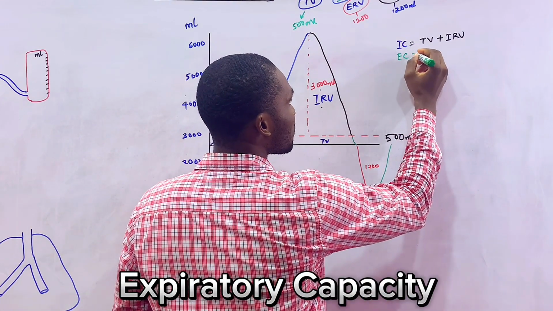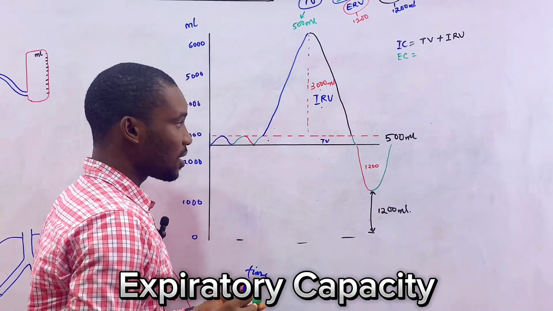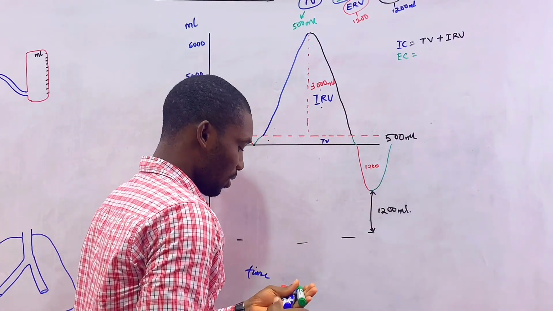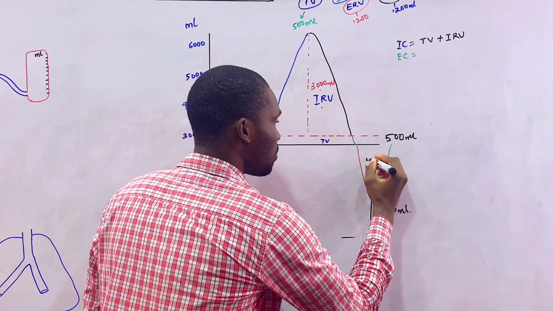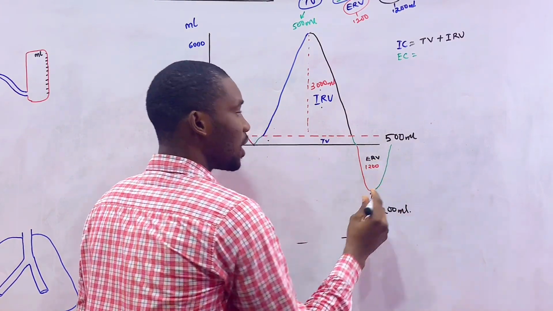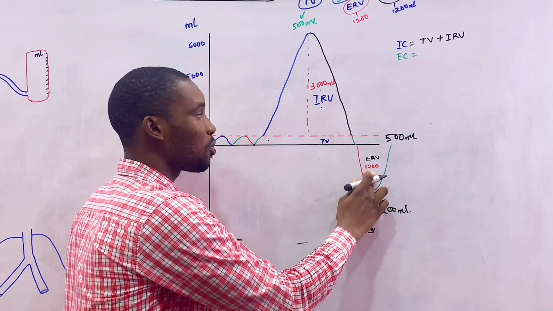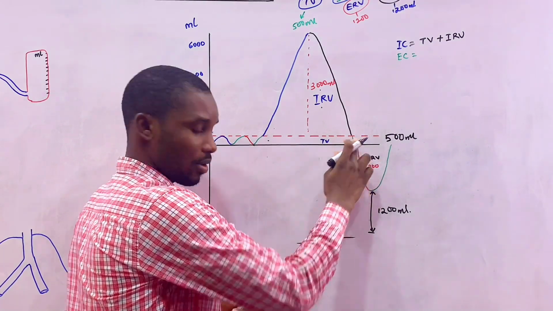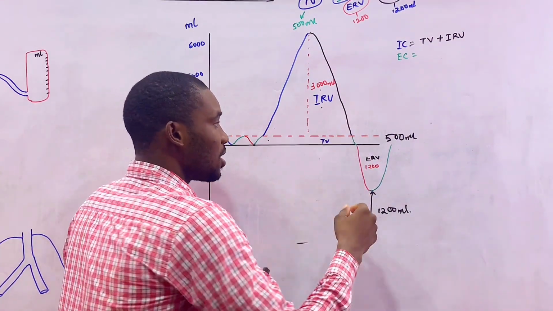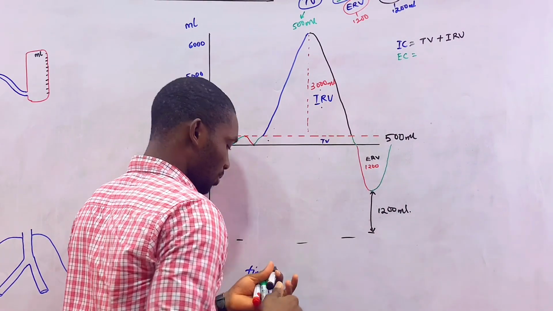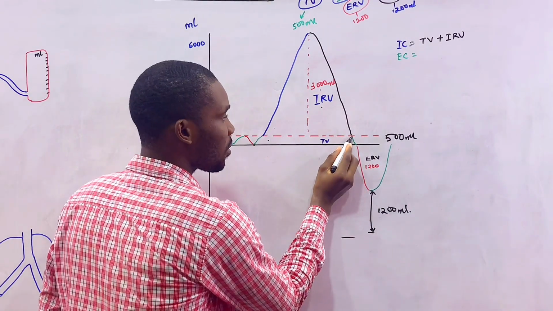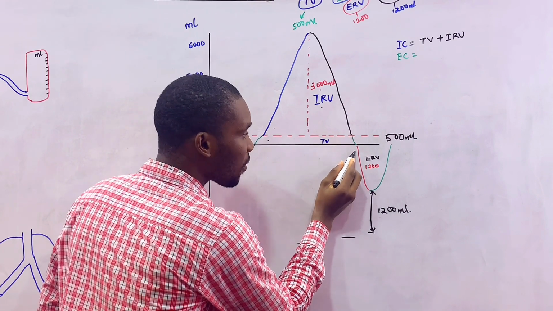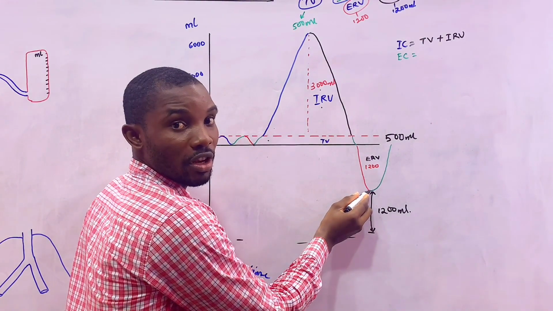Now, the next one we'll talk about is expiratory capacity. This is the expiratory reserve volume. Expiratory capacity is expiratory reserve volume plus tidal volume. So expiratory capacity is the maximum amount of air you can breathe out after you breathe in normally.